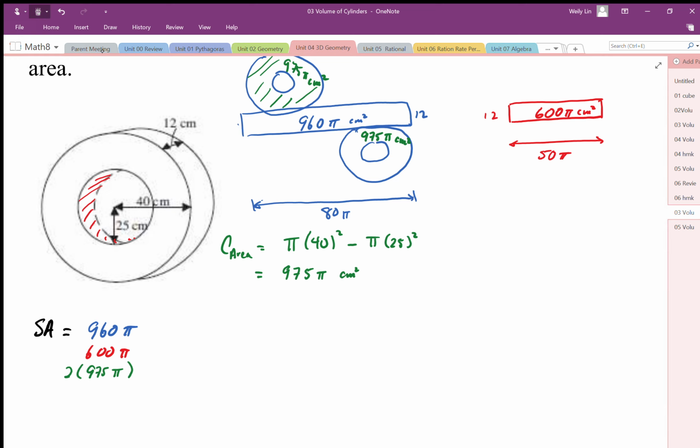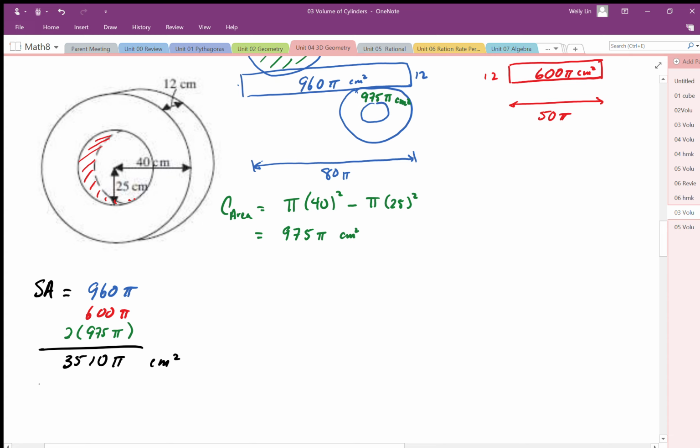When we sum that all up, and again the key is really to keep this organized, I end up with 3,510 pi centimeters squared. And we can give the decimal approximation for that: 11,026.99. So if you're somewhere around 11,000 centimeters squared for the surface area, that is going to be good. You've done the right calculations.